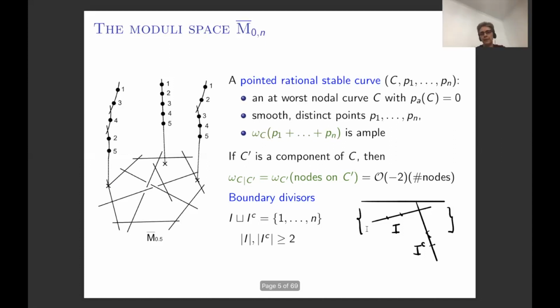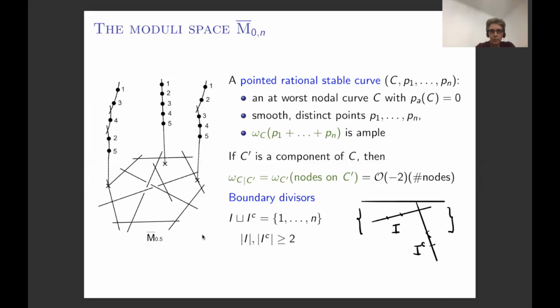So we add further reducible curves, which correspond to the degenerations of these ones. So when n is equal to 5, there are exactly 10 boundary divisors. And so these may intersect, and the intersection points correspond to curves with 3 components for n equal to 5.